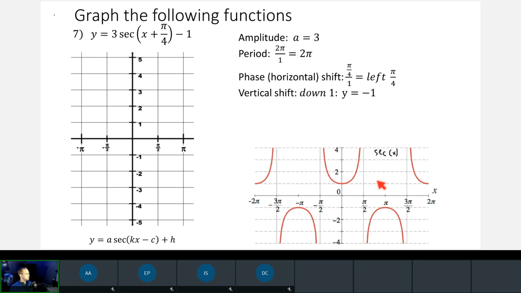Julia, still there? I don't see anything on the screen yet. Okay, you're working on it. All right. Thought maybe your new row crashed or something.